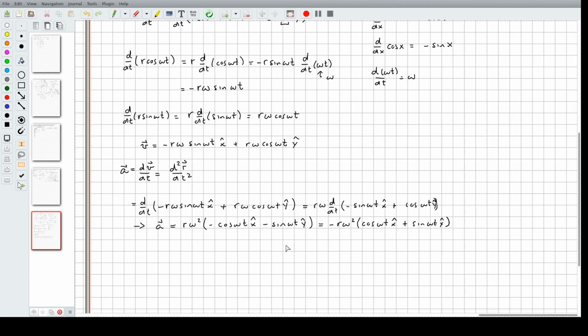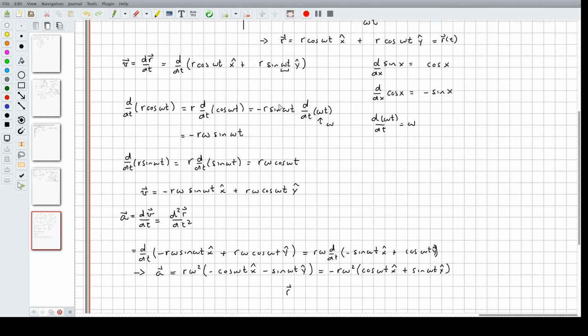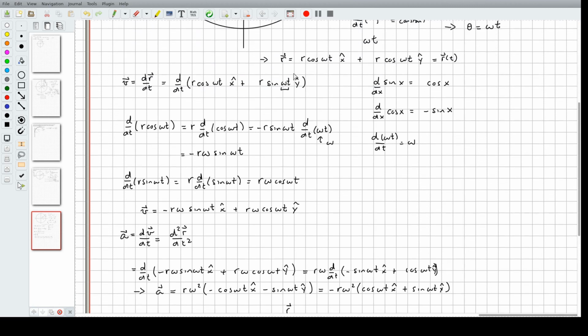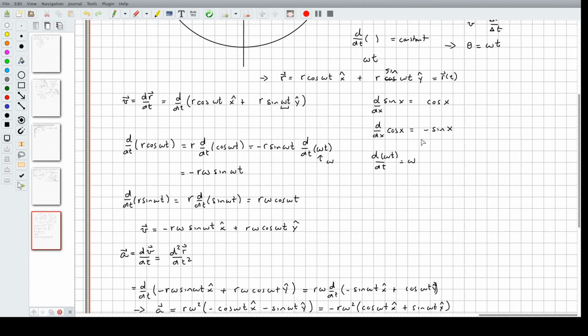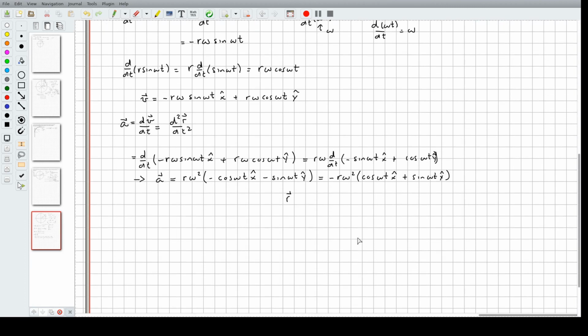I'd like to compare this to r. This is just the location up here. R cosine omega t plus what this is all about. This should be a sine. Sorry about that. It's the same.